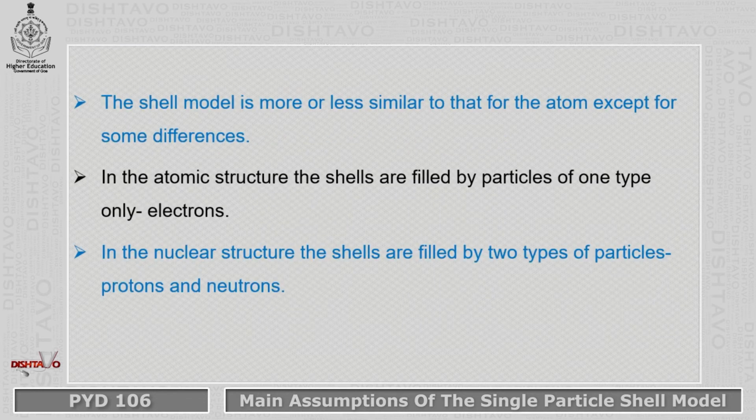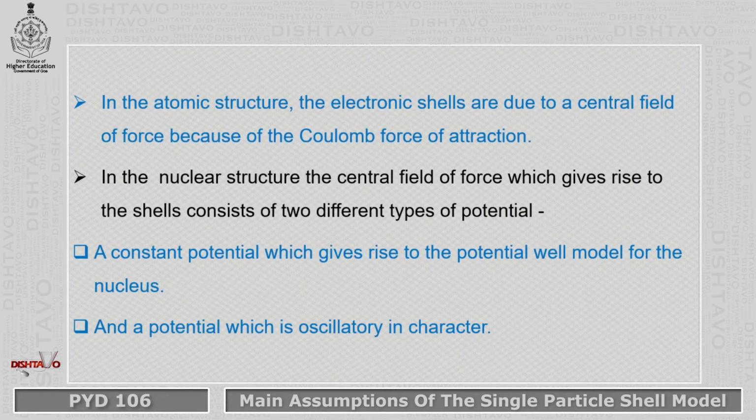The shell model is more or less similar to that for the atom except for some differences. The shells in the atomic structure are filled by particles of only one type, that is electrons, while the shells in the nuclear structure are filled with two types of particles, protons and neutrons.